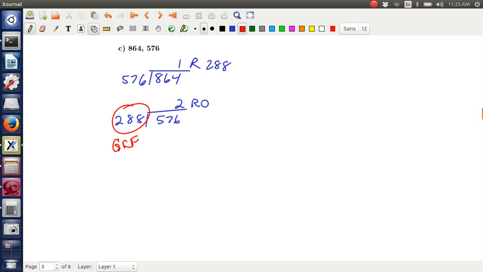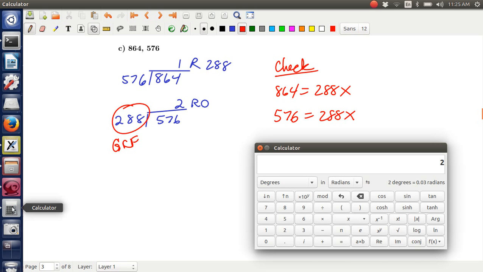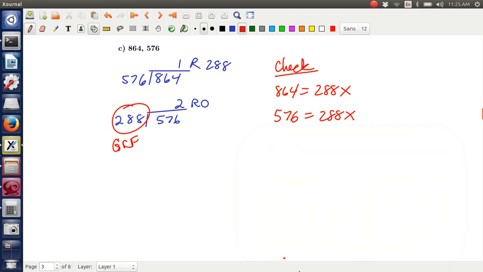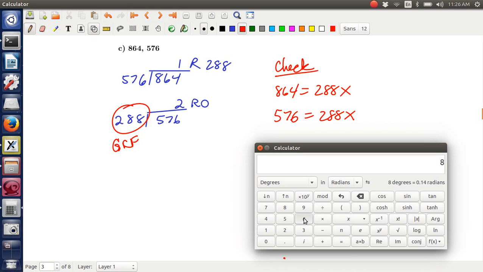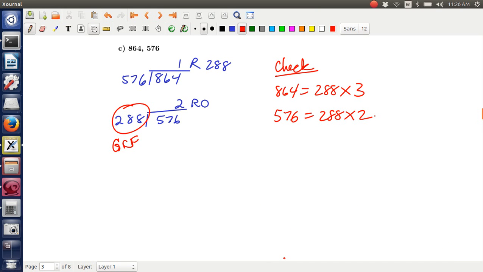Alright, and then let's do the check. 864 is 288 times something, and 576 is 288 times something. 864 divided by 288 is 3, and 576 divided by 288 is 2, and we're very happy about that.